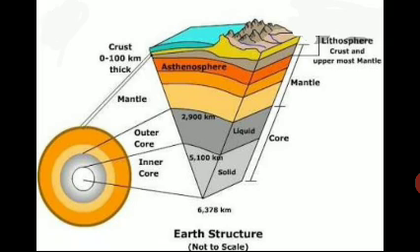As we all know, Earth is one of the planets in the solar system, and it has layers. These layers are studied, and with the interpretation of seismic data, the layers are divided.